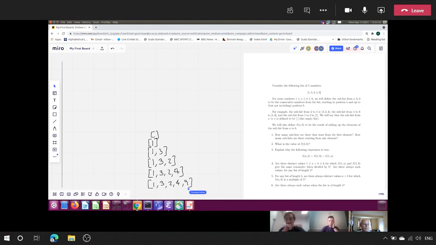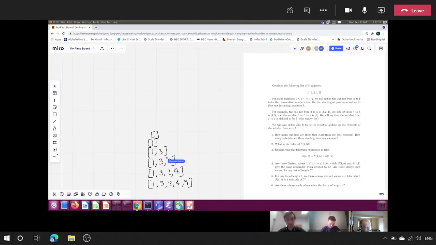Okay, so now how many sublists are there starting from any element, not just from the first one? From the first element we have 6 sublists.